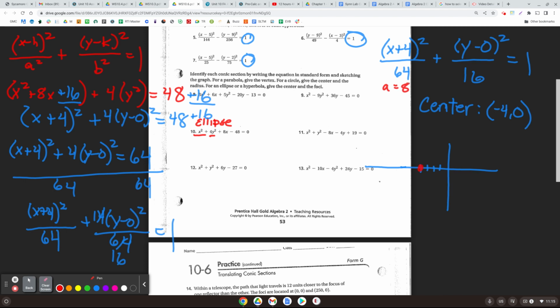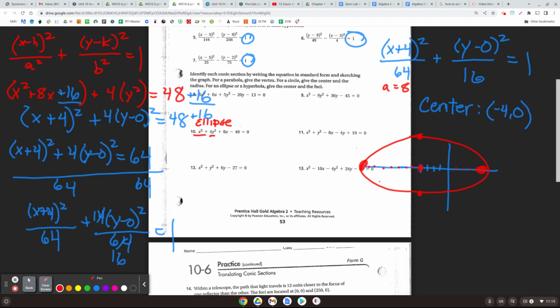So we got to go right 8 and left 8. 5, 6, 7, 8. So there's 1, and then 2. There's the other one. Our B looks like it is 4. So we got to go up 4 to get to that, down 4 to get to this.